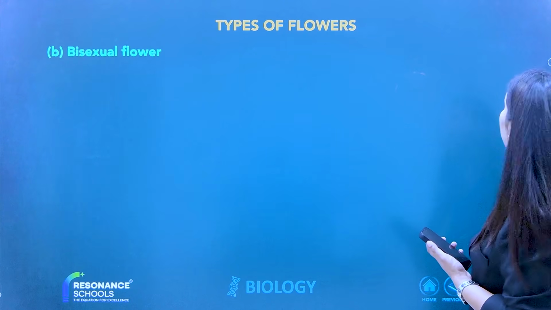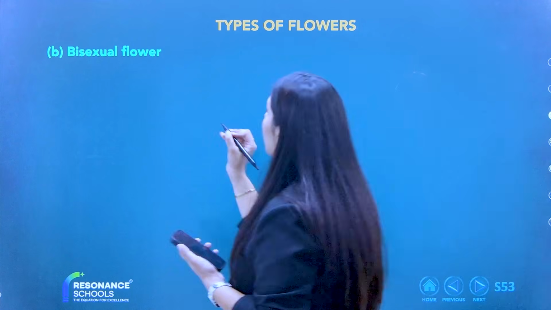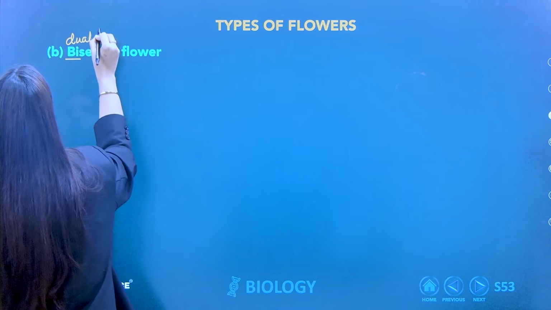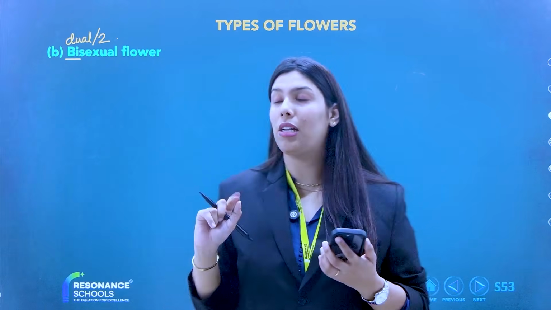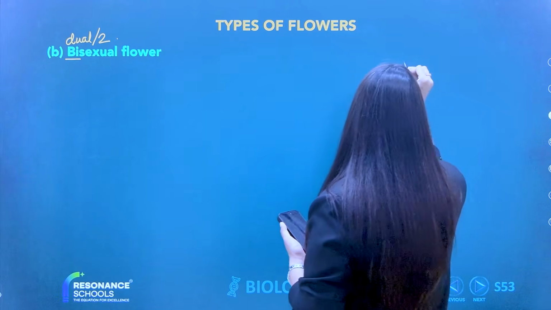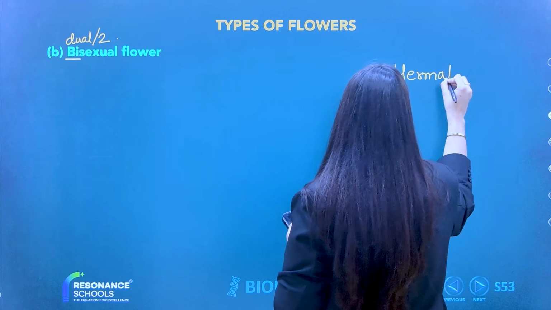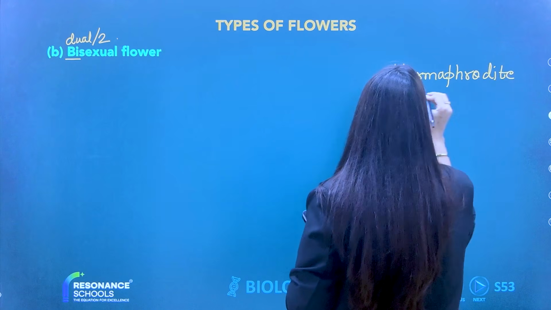Now the next part is bisexual flowers. In bisexual flowers, bi means dual or two, so they have both the parts. This is also known as hermaphrodite. What is this hermaphrodite?